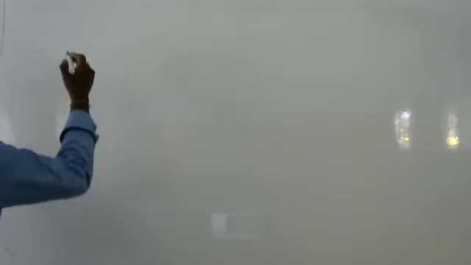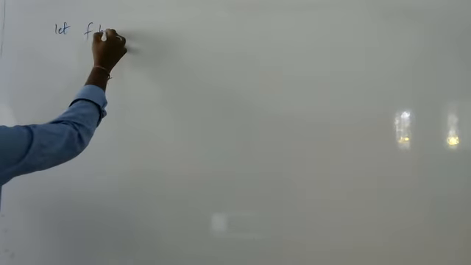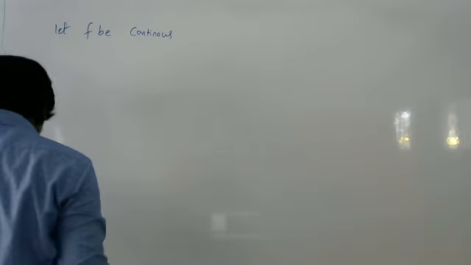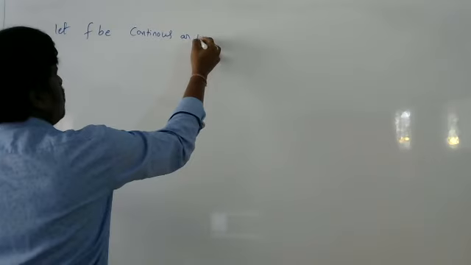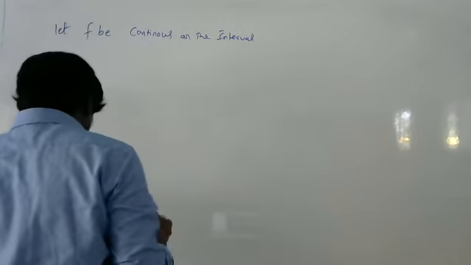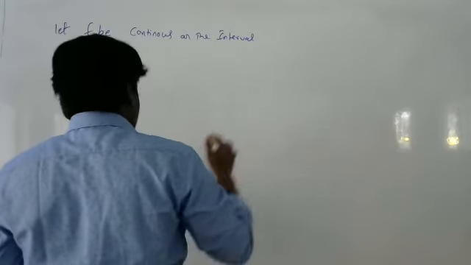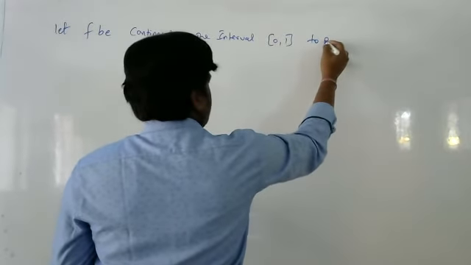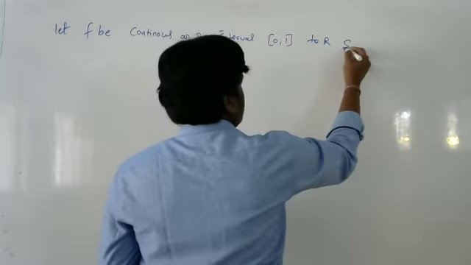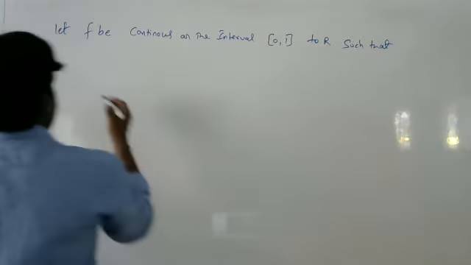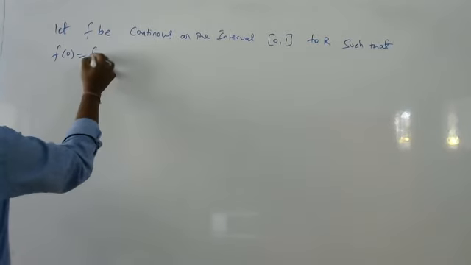So next question is: let f be continuous on the interval 0 comma 1 to the reals, such that f of 0 is equal to f of 1.